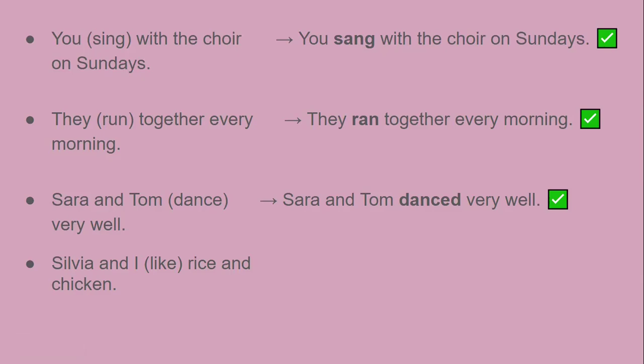And therefore, it has to end with ed to form its past form or V2 form or second form. And therefore, the sentence becomes, Sylvia and I liked rice and chicken. Okay, perfect.